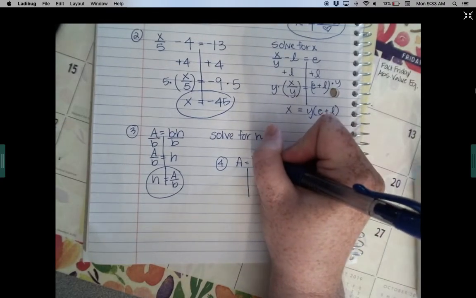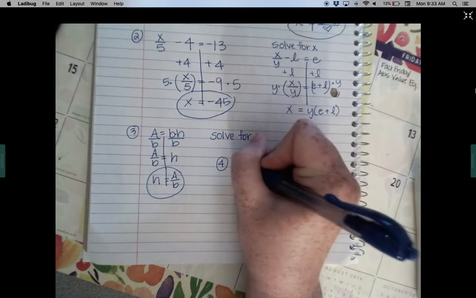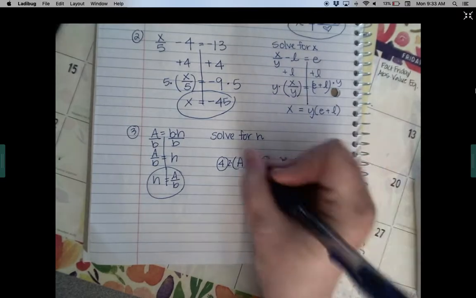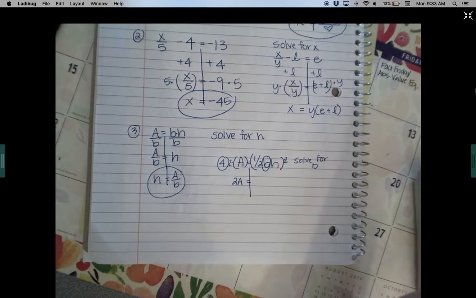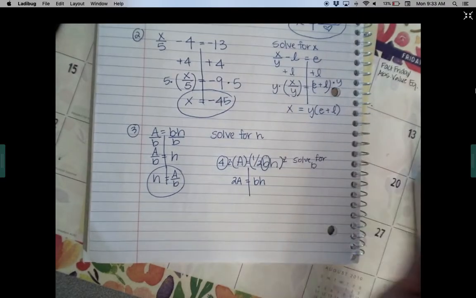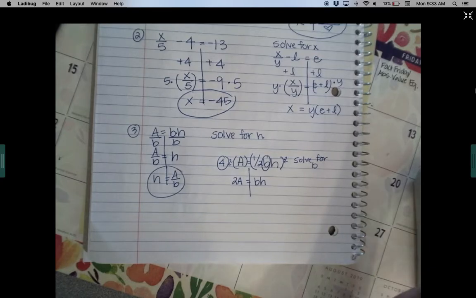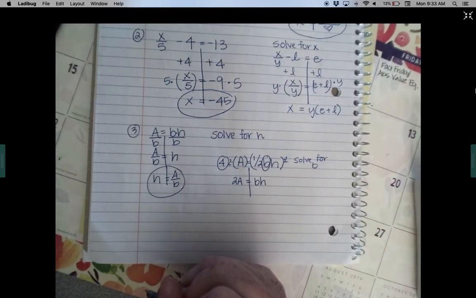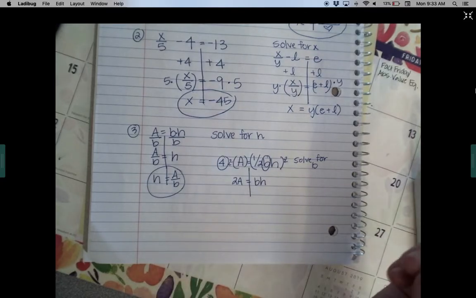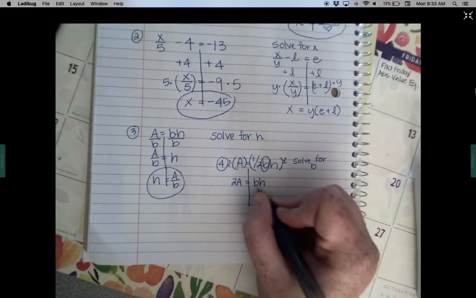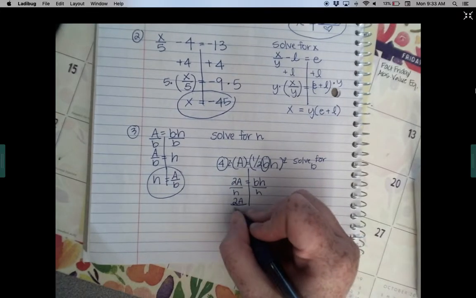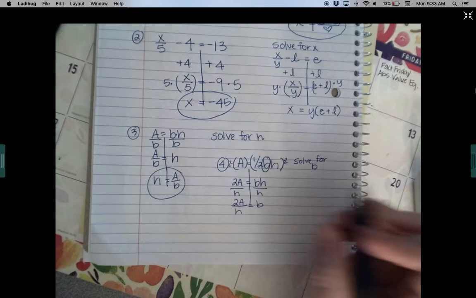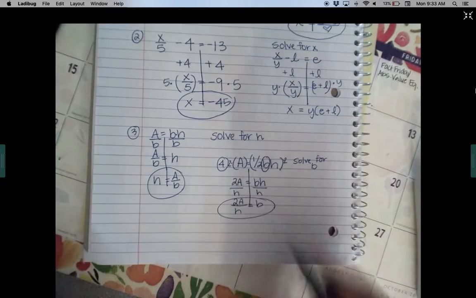So I'm going to multiply by 2. 2 times a is 2a, and then I just have my bh on the right. Now I want to get the b by itself, so I need to divide by h. So I have 2a over h equals b. The end.